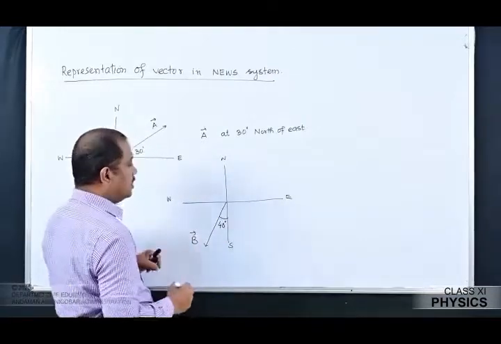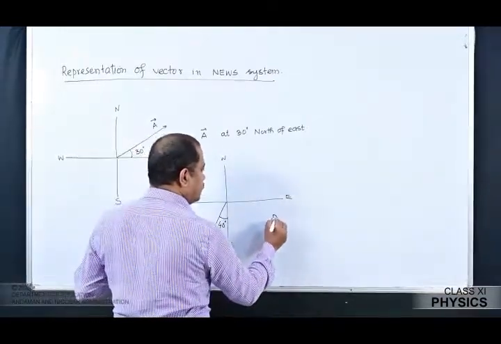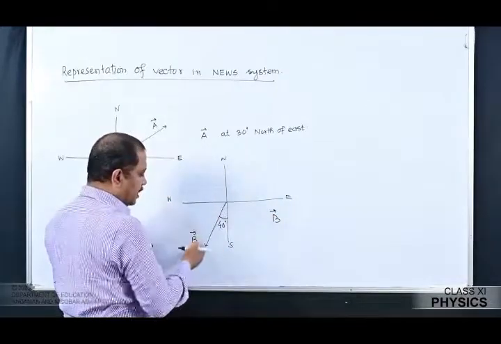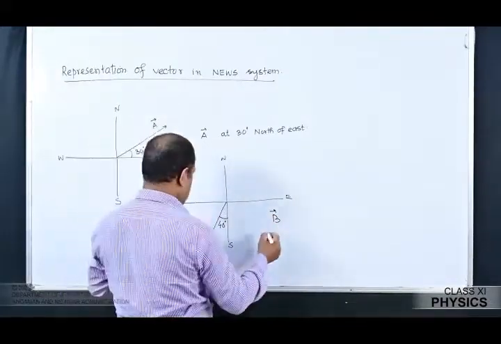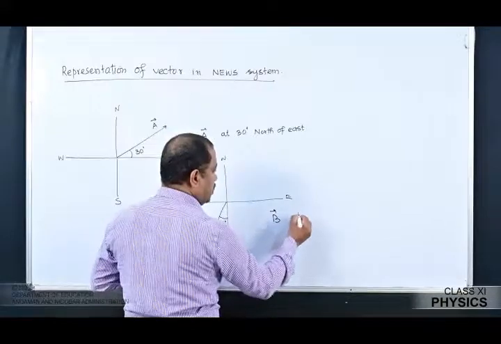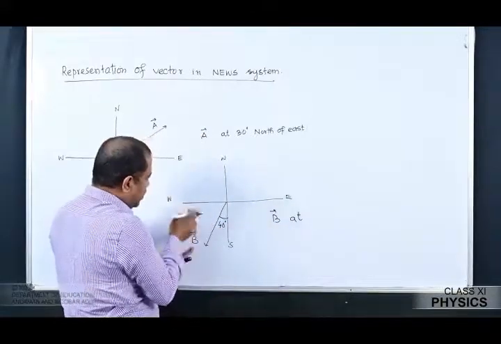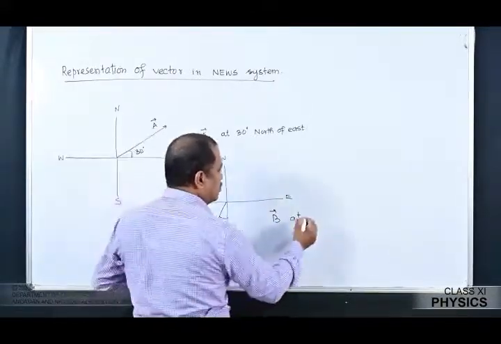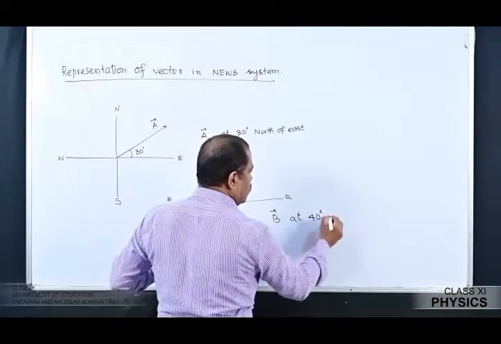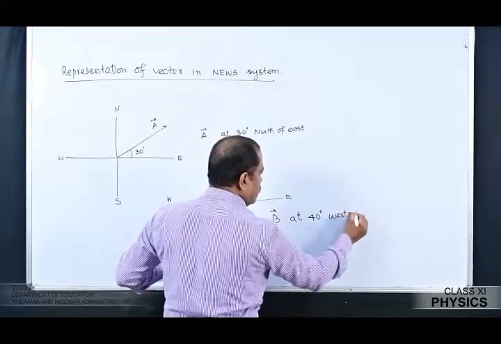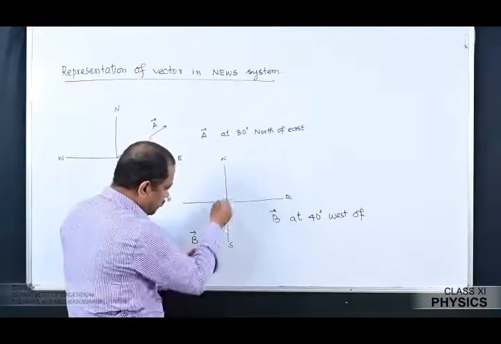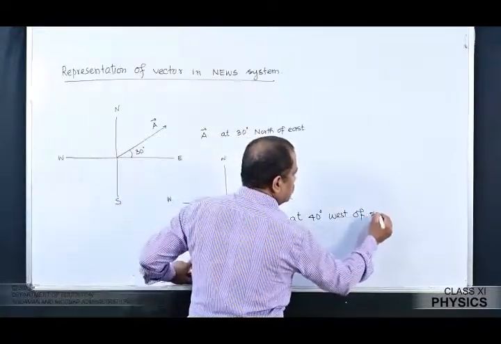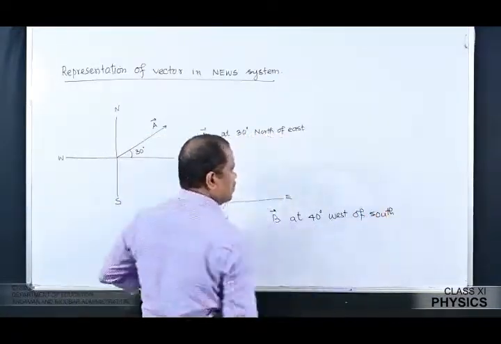So this time how would we say that vector B is directed along, see I would say that B at 40 degree in which wards? Westwards. So 40 degree west of south. So this is the way how we are going to represent.